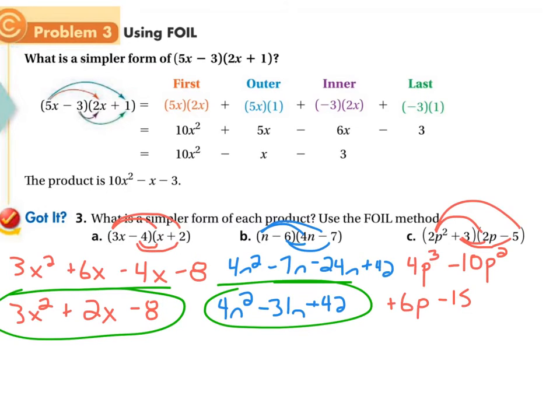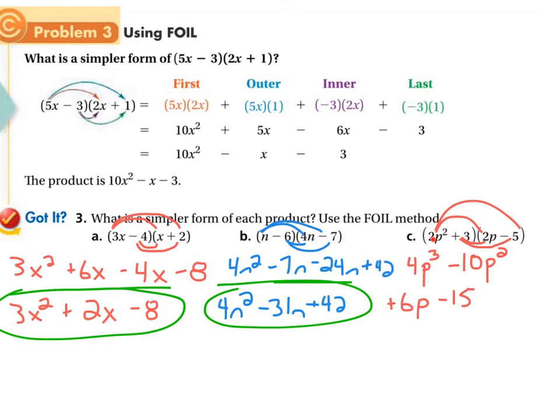Okay? Now, normally here, what we're seeing is an x times an x gives you an x squared term. Here you get an x term times a constant, and here you get an x term times a constant. That's why you get these two middle terms that combine. But right here, we don't have that. We have an x squared term times a constant, gives us an x squared term. I'm sorry, I said x, but I meant p.